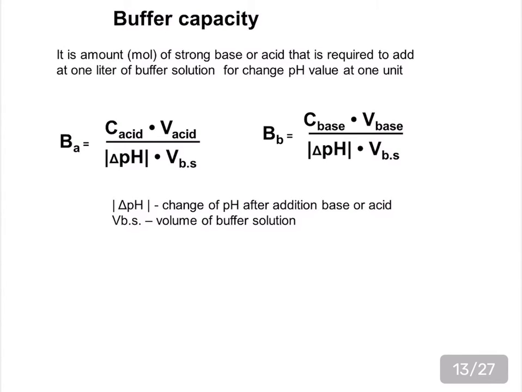Buffer capacity is expressed in moles per liter. C means the molarity of the strong electrolyte. Volume can be expressed in liters, but it is more comfortable to express volume in milliliters.